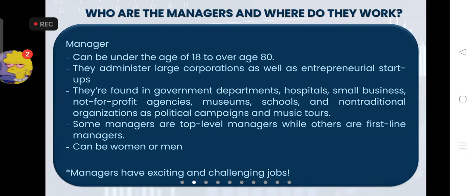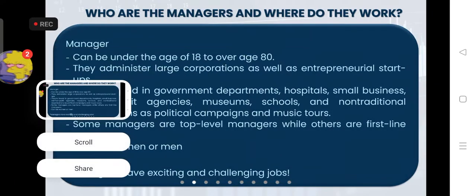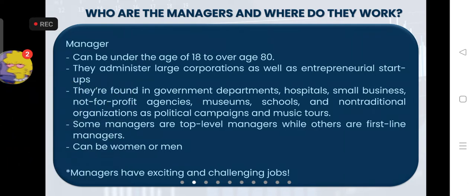So who are the managers and where do they work? A manager can be under the age of 18 to over age 80. They administer large corporations as well as entrepreneurial startups. They are found in government departments, hospitals, small businesses, not-for-profit agencies, museums, schools, and non-traditional organizations such as political campaigns and music tours.